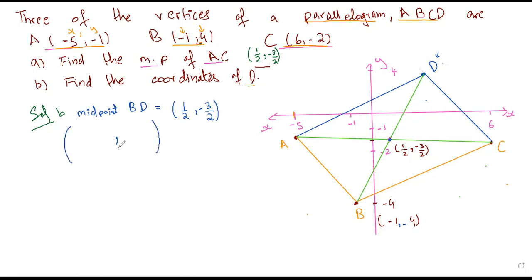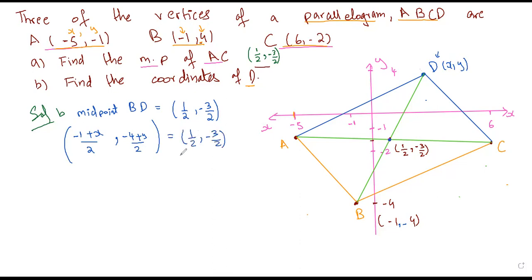The x coordinate of B is minus 1 and we don't know the x coordinate of D, so I will just write down x and y. So minus 1 plus x divided by 2, and for the y coordinates I need to sum both the y coordinates of B and D divided by 2. This equals 1 by 2 and minus 3 by 2.